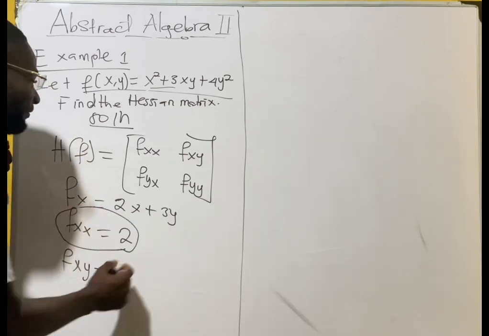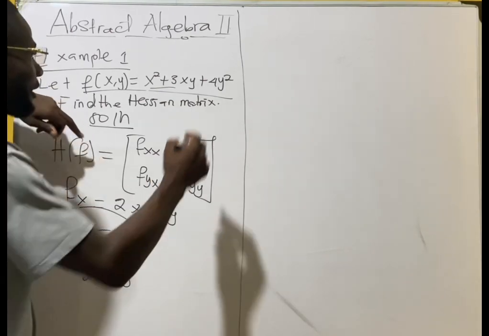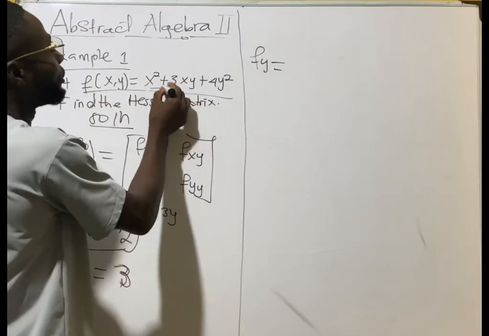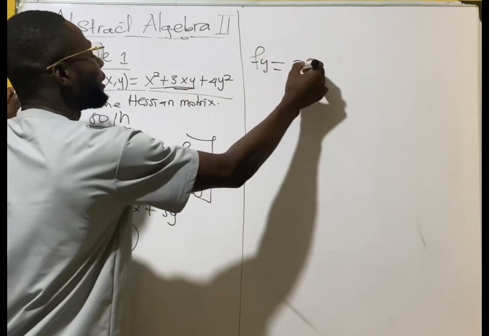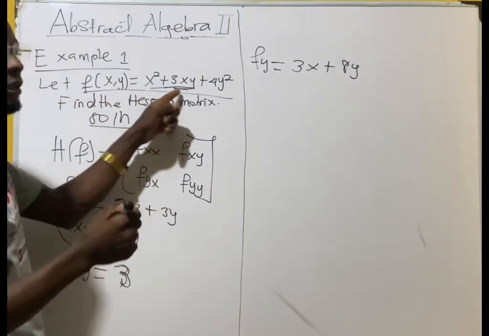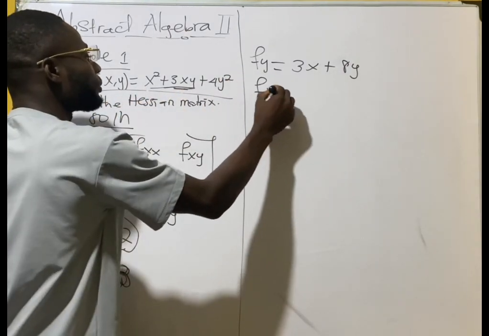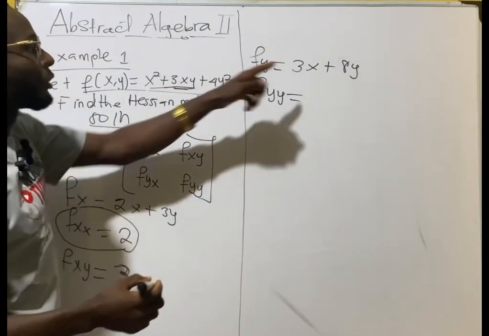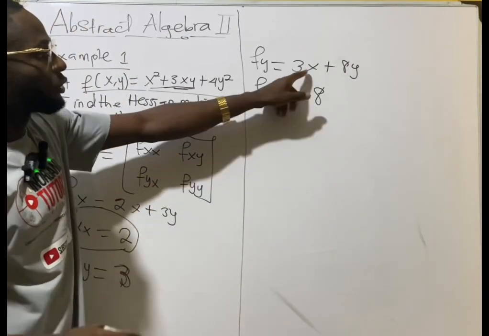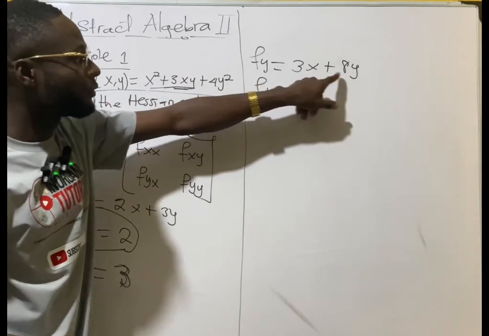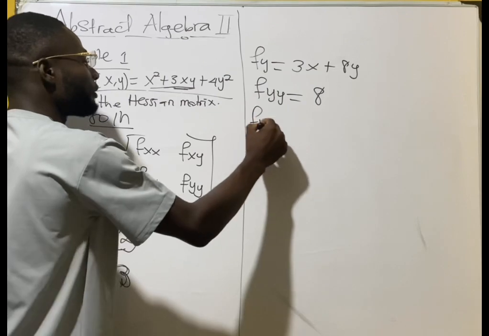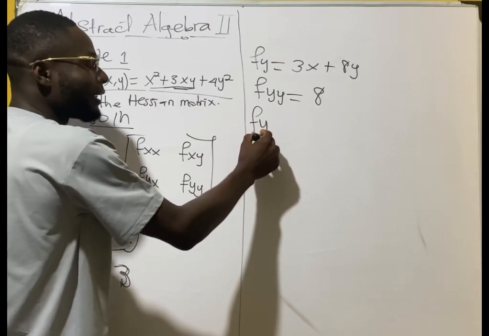Now let's differentiate with respect to y from the original function. We're going to have fy equals 3x plus 8y. Differentiating with respect to y the second time, we have 8, since 3x goes to 0. So fyy is 8.